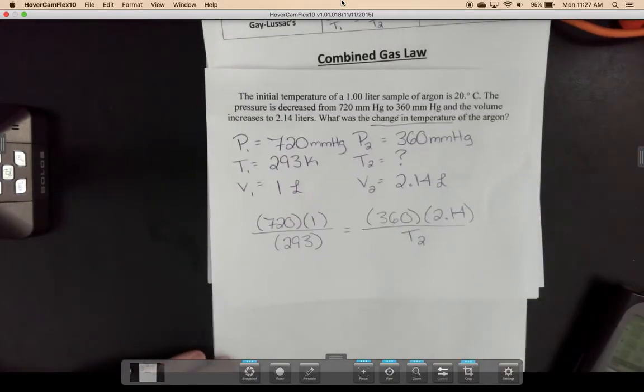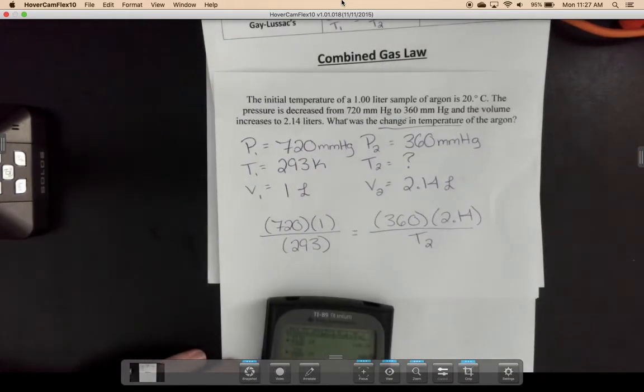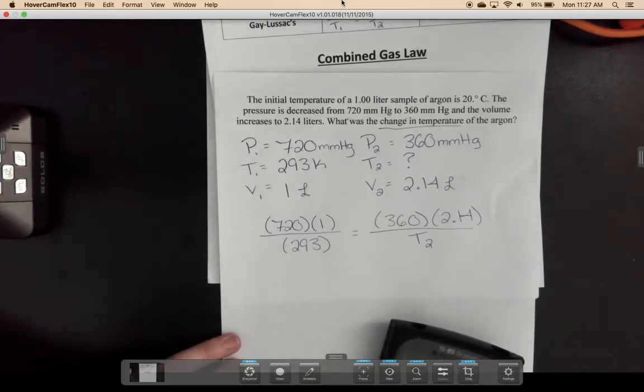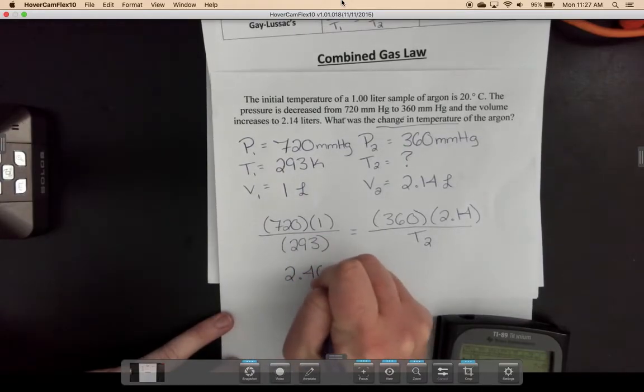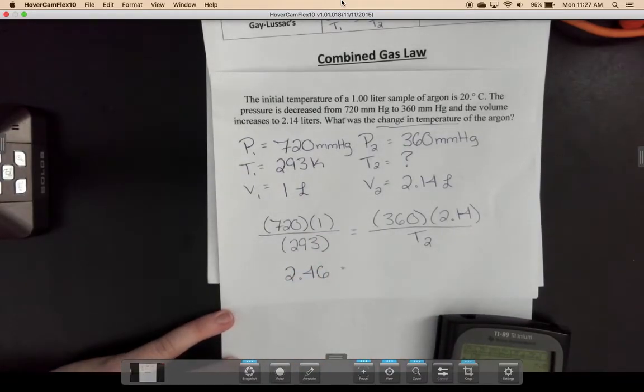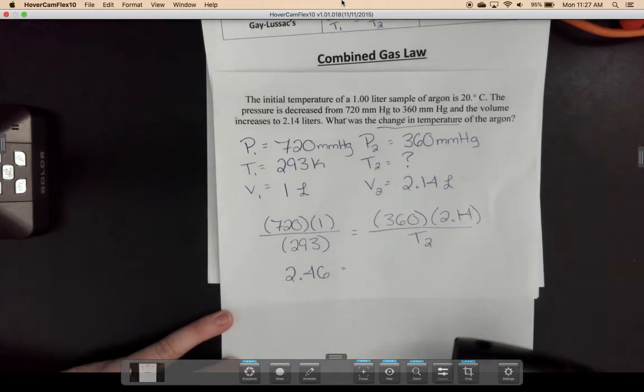I'm going to move this up. So I have 720 times 1 divided by 293. It's going to give me 2.46 about. So 360 times 2.14 is 770.4.